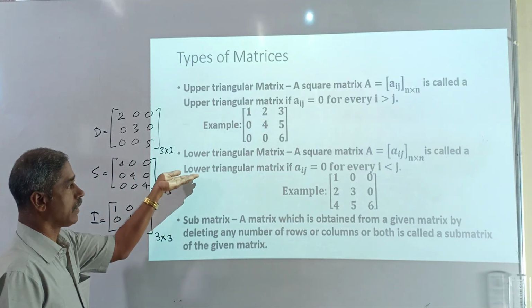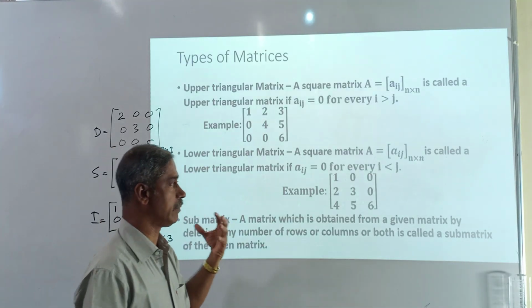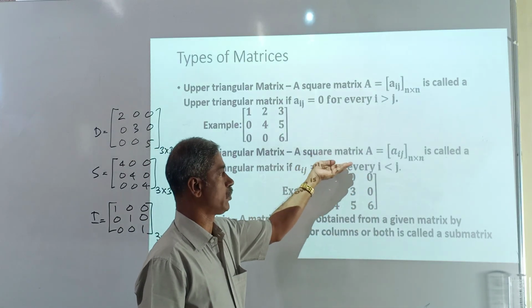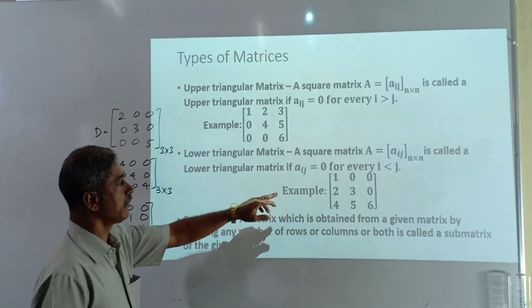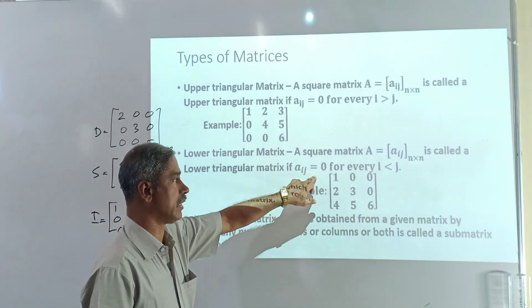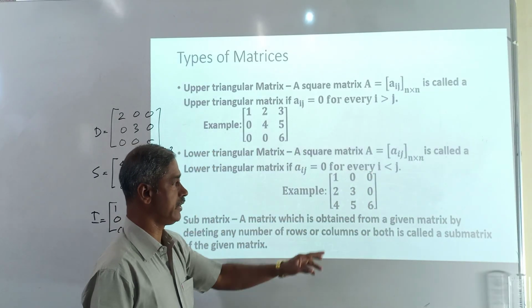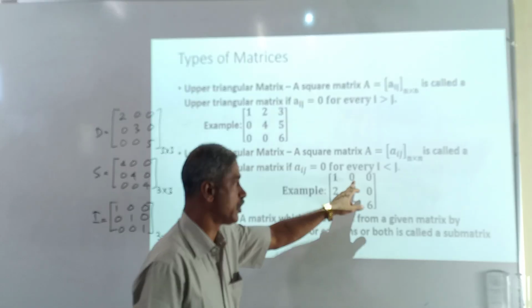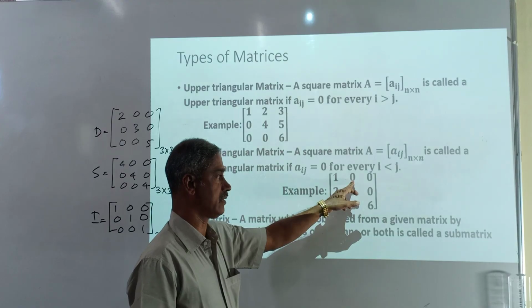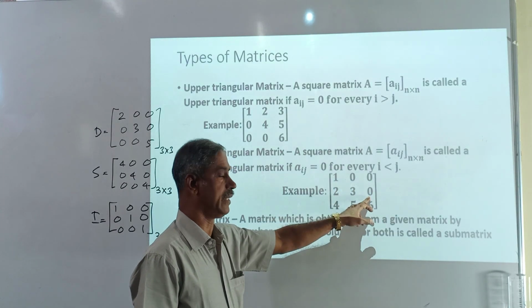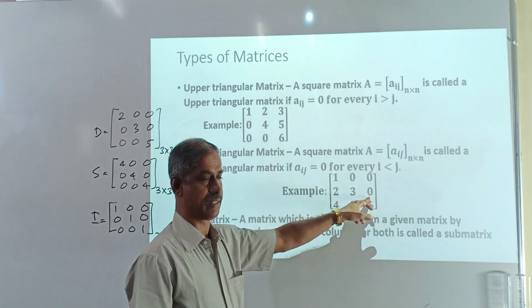Similar to the same, the lower triangular matrix follows similar norms, just the opposite way. As it is explained, it is a square matrix in which Aij should be equal to 0 whenever i is less than j. Here the positional entry is A12, 1 is less than 2; A13, 1 is less than 3; and A23, 2 is less than 3.